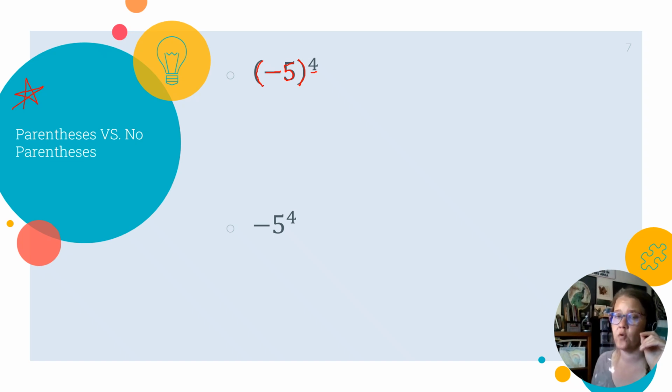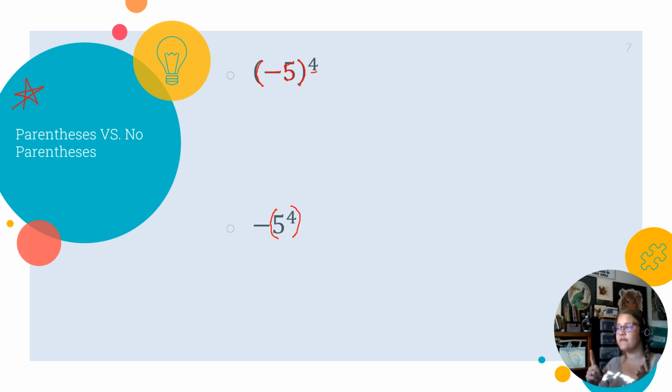In this case, it's a 4. Down here is a little bit different. Down here, with your negative symbol and no parentheses, you treat it like this. We take positive 5 to the 4th power, regular 5 to the 4th power, and then we make it negative. We multiply it by a -1.